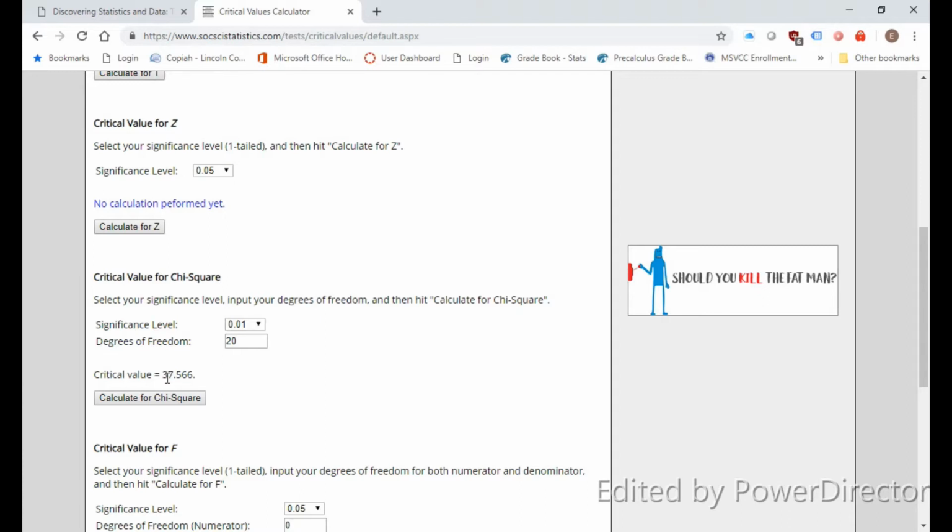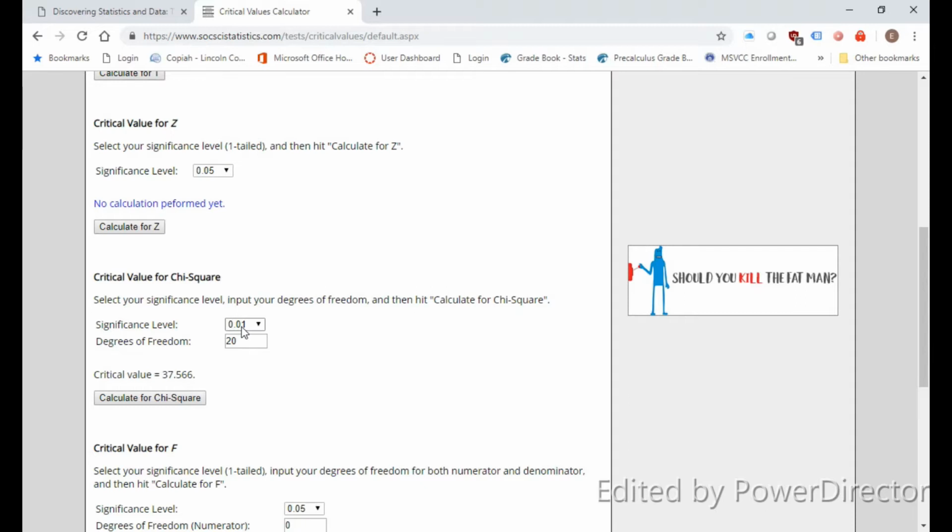So if we go to 20 and 0.1 on your chart, did I type in 0.01? Yeah, I typed in 0.01. Everybody look though. Go to the second to last column and go down to 20, and that's what's there.